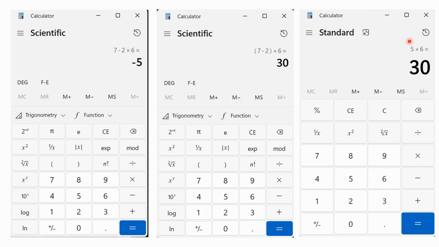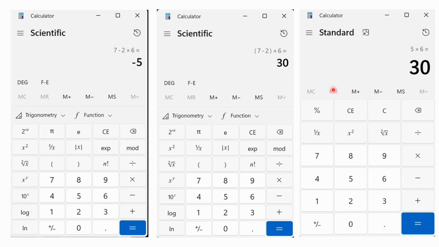Now this third example, typically on a Windows computer, the calculator app will default to standard mode. You've got to be careful with that because standard mode is also referred to as immediate execution mode. And so what it does in that case, if you're not putting parentheses around the multiplication or you're not doing the multiplication first, is calculate each operation as you perform it.